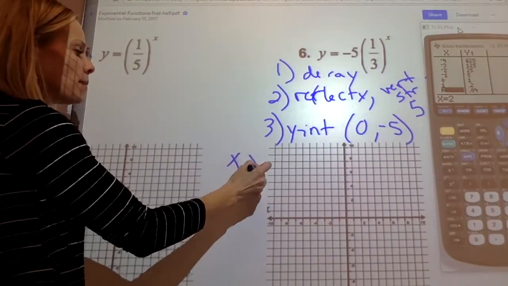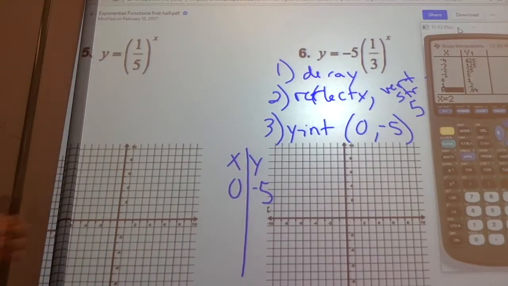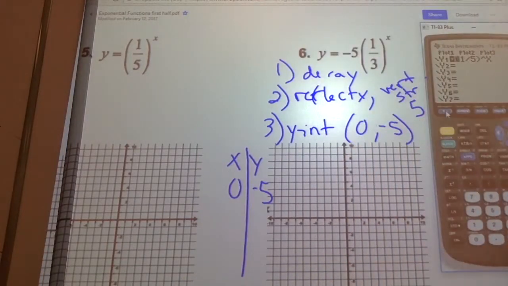So I'll make a table. I have 0, negative 5 as a point, but now I need to find some more points. So y equals negative 5, and then you need parentheses, 1 divided by 3, to the x power. Graph. Yep, I can see it's a decay, but it got reflected. Go to my table.